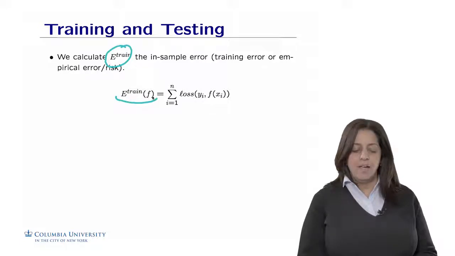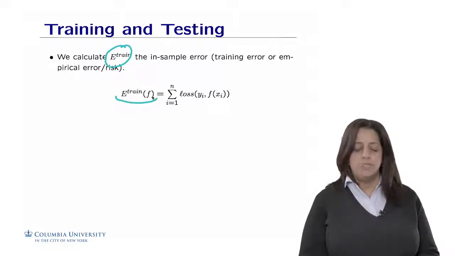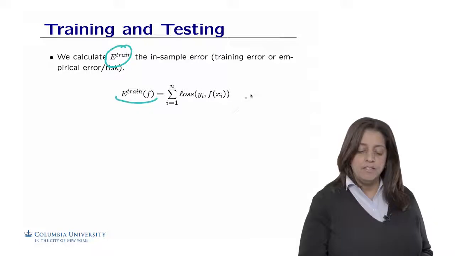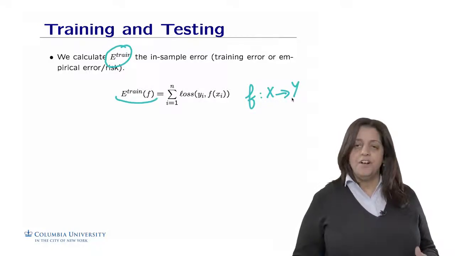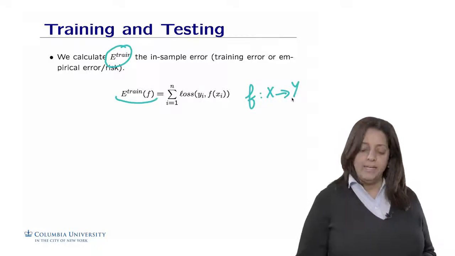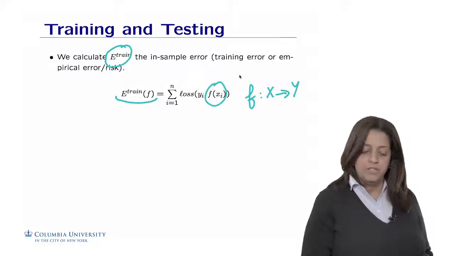So suppose that, remember that we're in the case of supervised learning, we are trying to find a function F that goes from the feature values to the label Y, right? So this function F means that when I apply this function F on X, on a new feature value, I make a prediction. So this is the prediction.